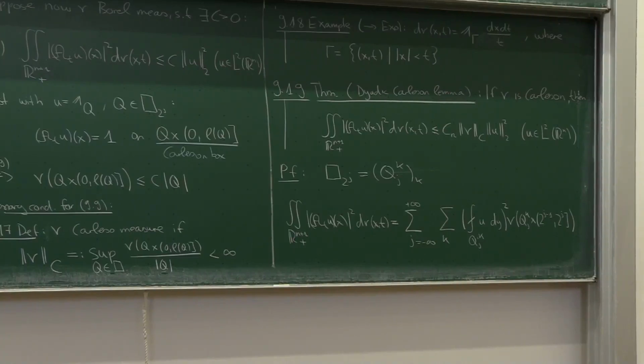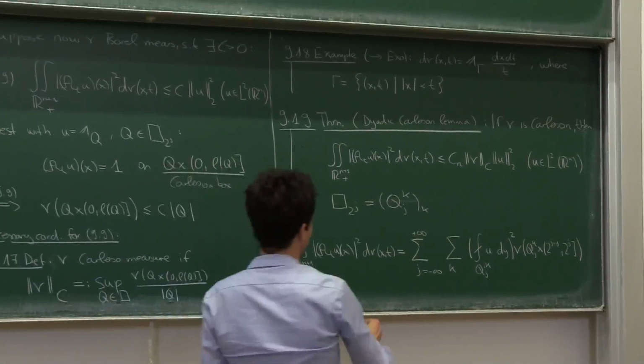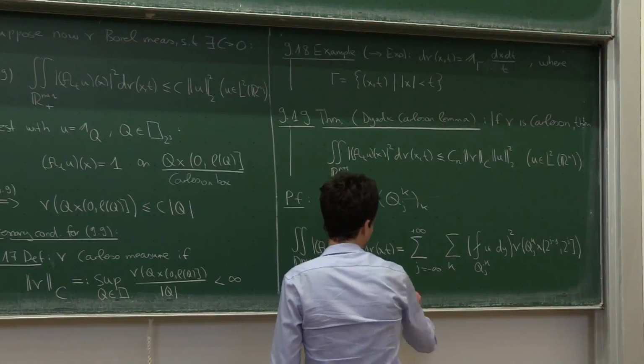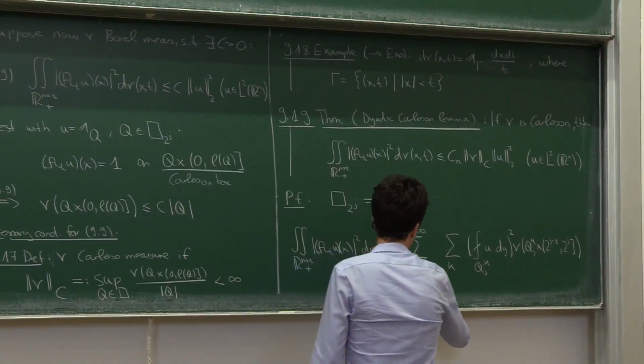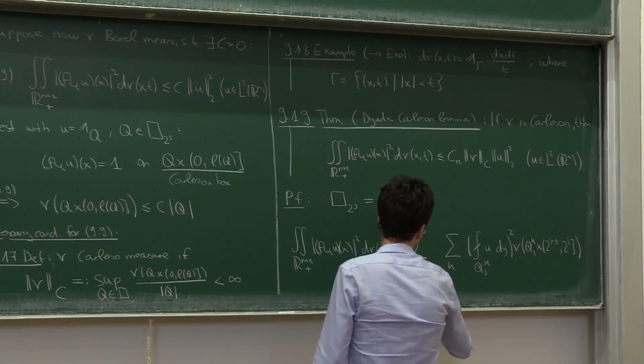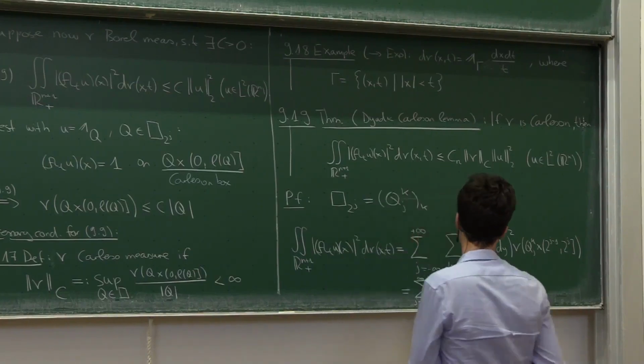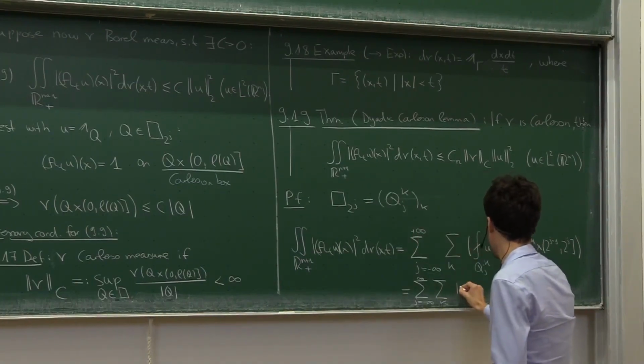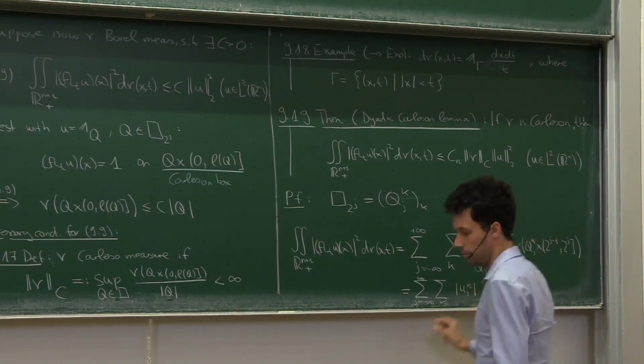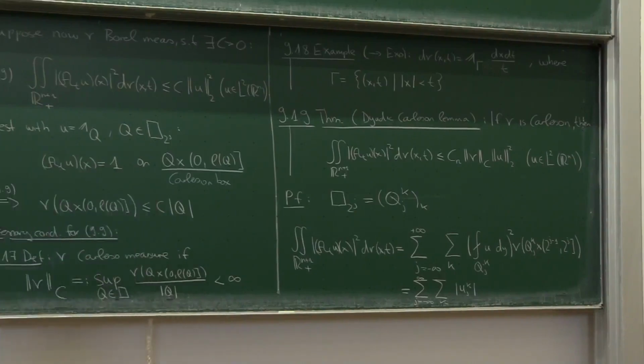And then for a long time in this proof, we're mostly working with numbers. So I'm going to write the sum from minus infinity to plus infinity, sum in k. And then I'm going to call these numbers u_jk, maybe with an absolute value, but I should be consistent.